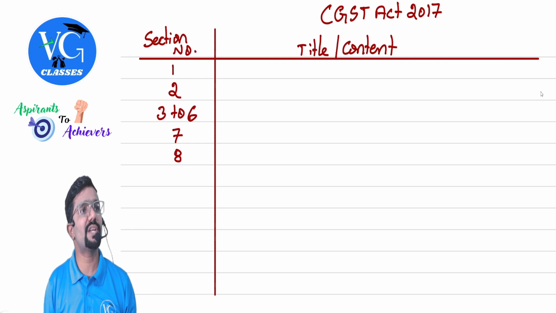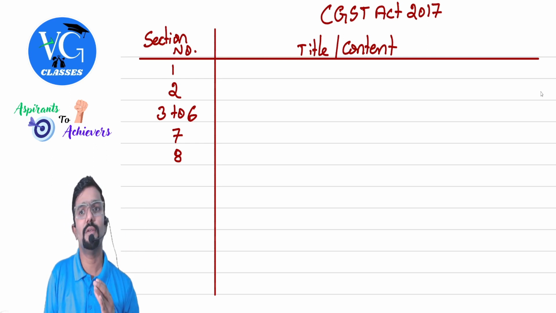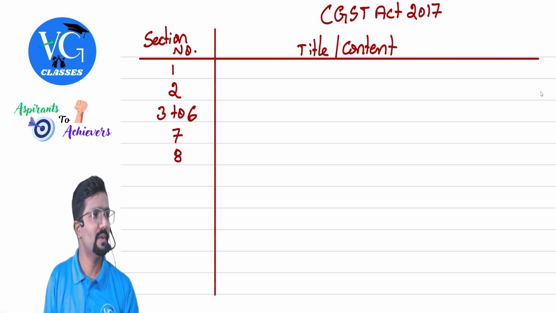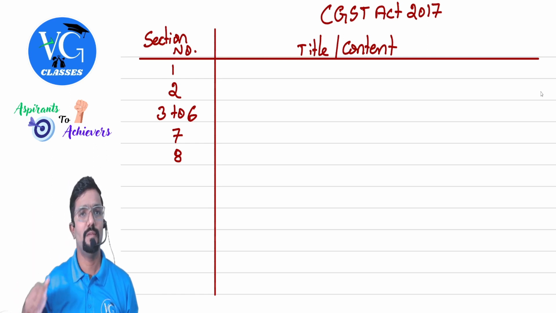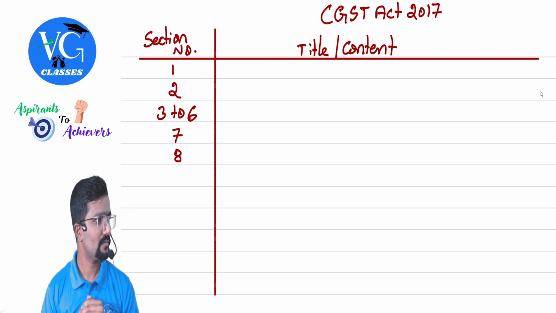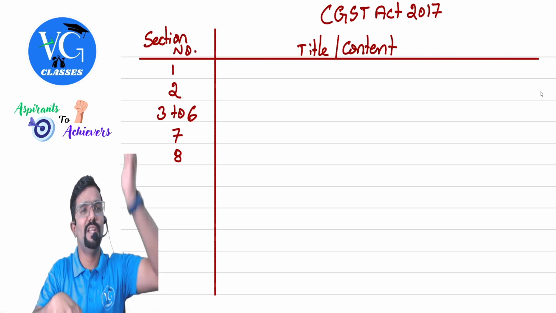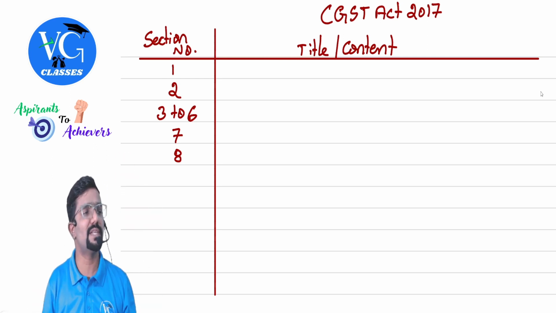Just write the heading section number on the top, the same way we used to write in income tax. And you don't write particulars; there you write title or content. Leave more space for this. Let the section number come only in the margin. We need to just write the numbers there. That much is enough for us.